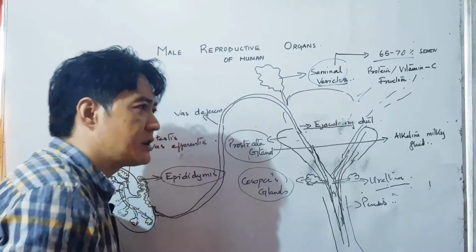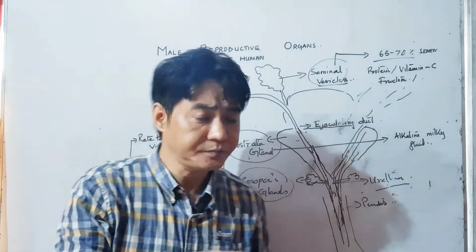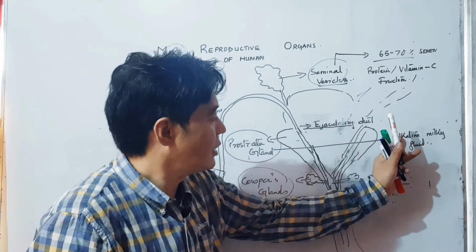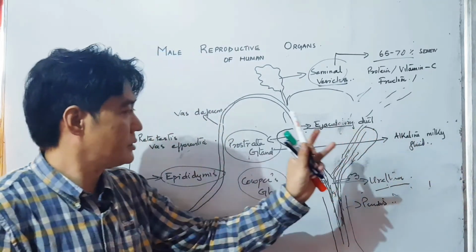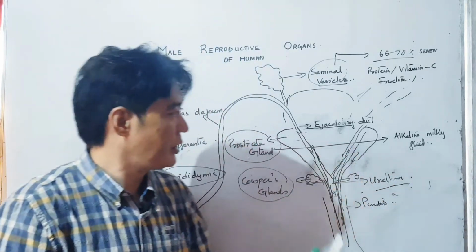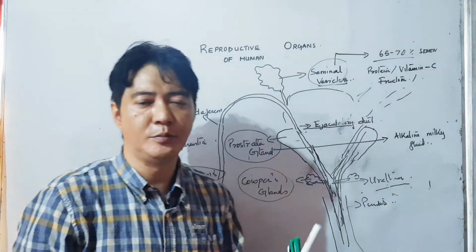Why alkaline? Because it has to neutralize the acids present in urine. The alkaline milky fluid secreted from the prostate gland neutralizes the acids of urine, and it increases the motility of sperm.